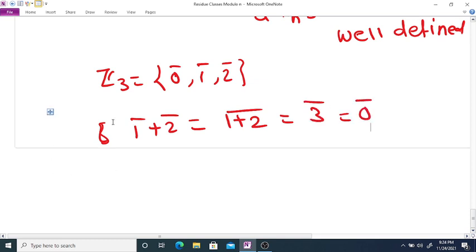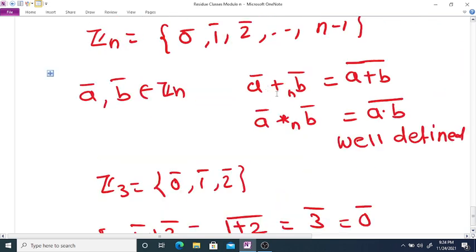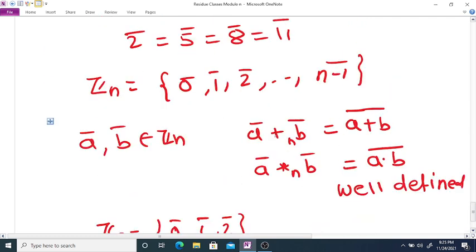So the addition of these two elements is again an element from the set Z3. So if we define this relation A bar plus B bar modulo n, then under this operation, this binary operation is well defined for the residue classes modulo n.